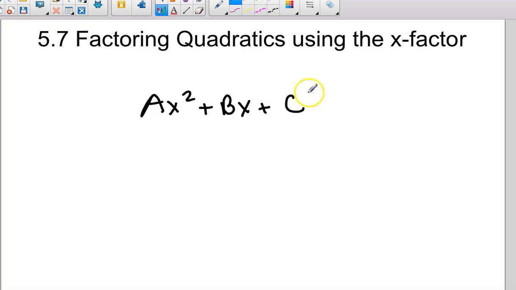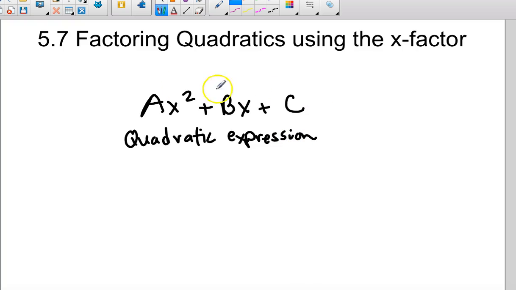So this is what a normal quadratic looks like with 3 terms. We were dealing with quadratics that had 2 terms. This is what we call a quadratic expression, and we are going to factor these.